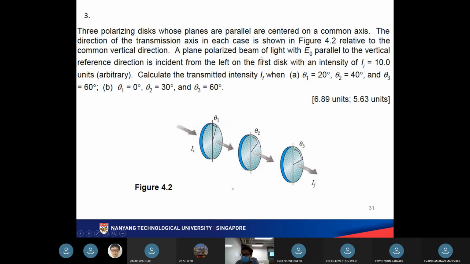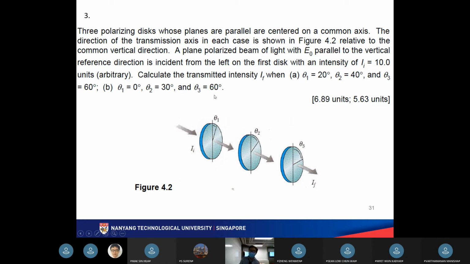Now I have a plane polarized beam with electric field parallel to the vertical direction incident upon the leftmost polarizer. The intensity of the original light is I0. I want you to calculate the transmitted light intensity if theta 1, 2, 3 equal 20, 40, and 60 degrees respectively, or if theta 1 to theta 3 equal 0, 30, and 60 degrees.